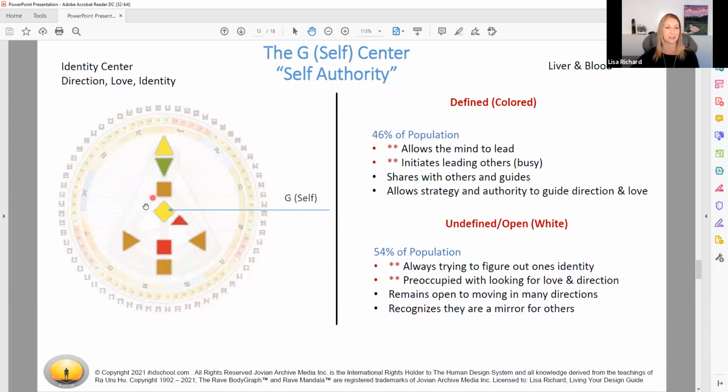We're now moving up to that diamond that is right in the middle of the body graph. That is your center of self, or the G center. And this is all about your identity, the direction, and the love. Now, 46% of the population will have that colored in. What that means is you have, again, a consistent energy that really helps you to know for yourself where you want to go.